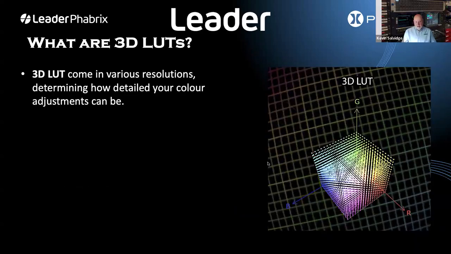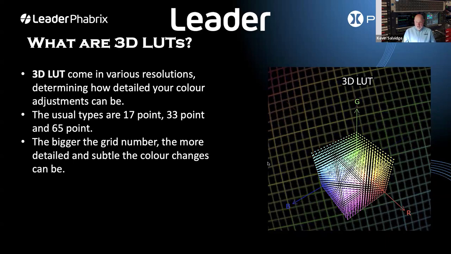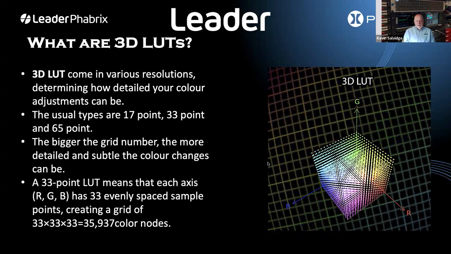So as I said, the 3D LUT comes in various resolutions, and the usual types are either 17 point, 33 point, or 65 point. The bigger the grid number, the more detail and more subtle the color changes can be. It's pretty common now, isn't it?